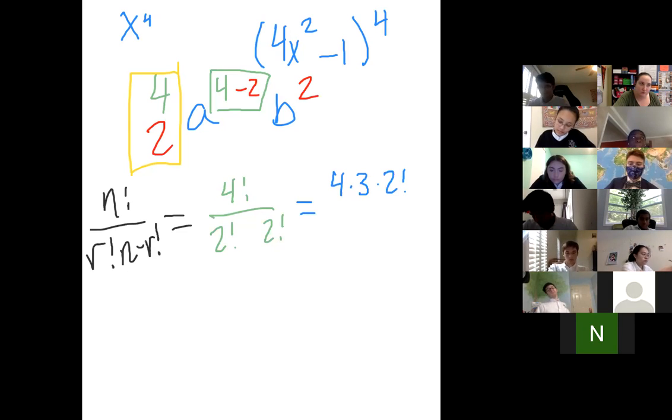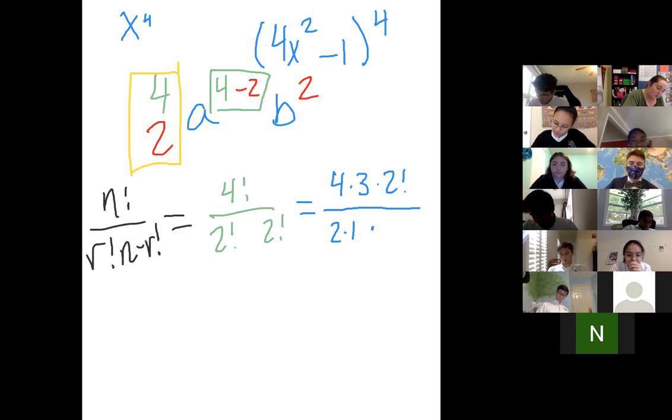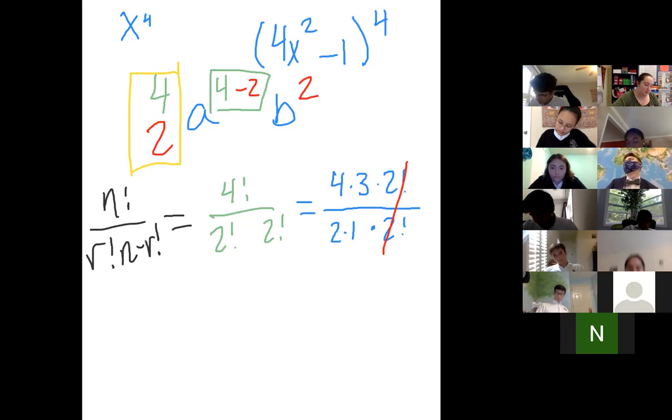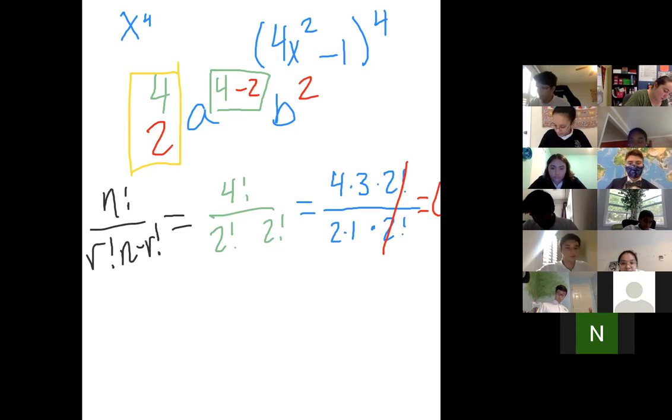Okay. So I just did the math in that moment. Over 2 times 1 times 2 factorial. And then these 2 factorials will cancel. And then 4 times 3 is 12. Divided by 2 is? 6. Okay, so this is equal to 6.